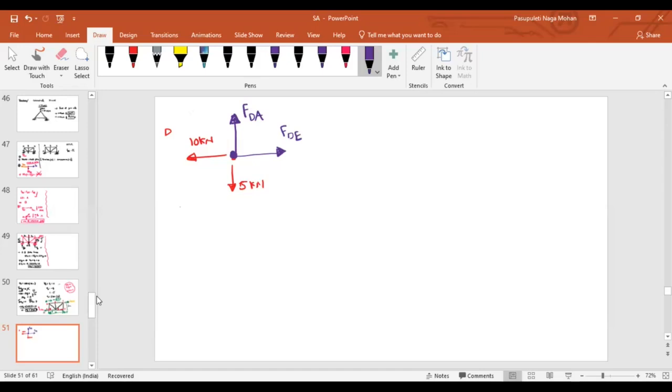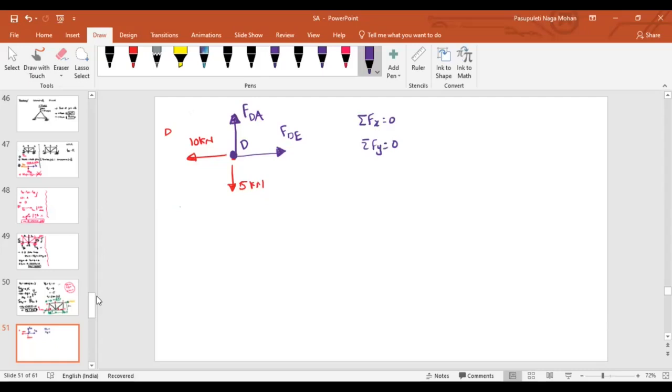Now, can you directly tell me what about these values? What is FDA and what is FDE? What are the equilibrium equations? At the joint, summation fx equals 0 and summation fy is equal to 0. Look at the x direction.